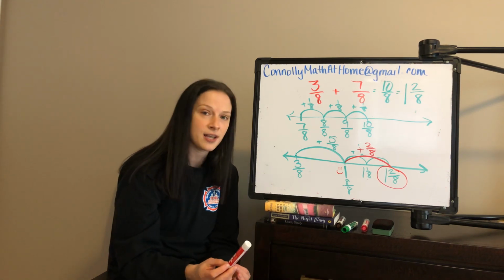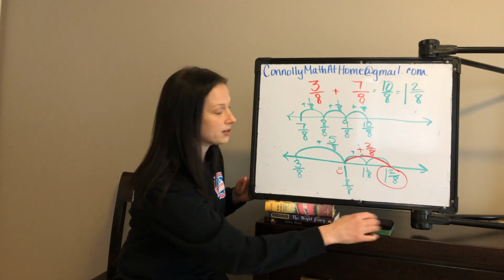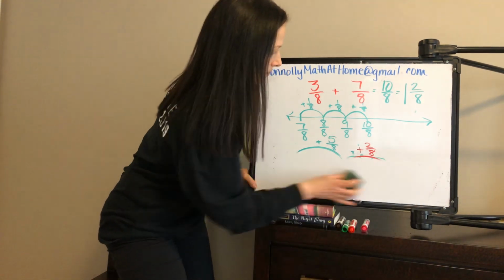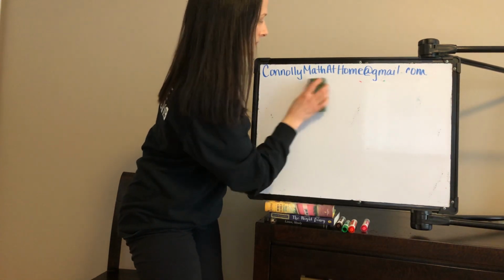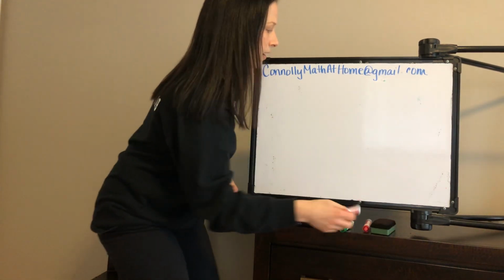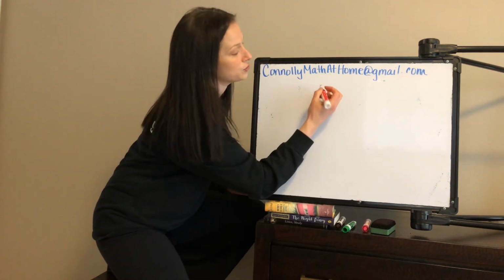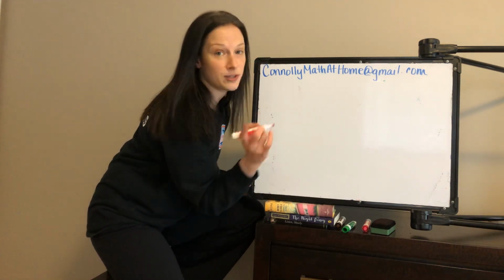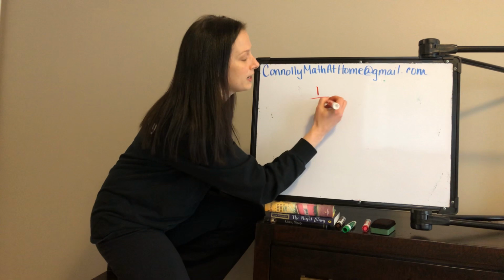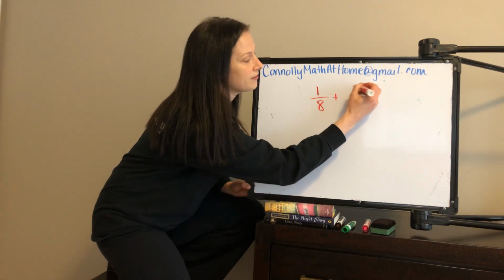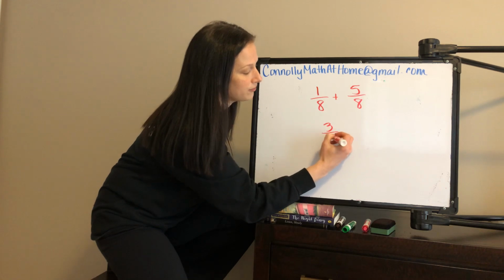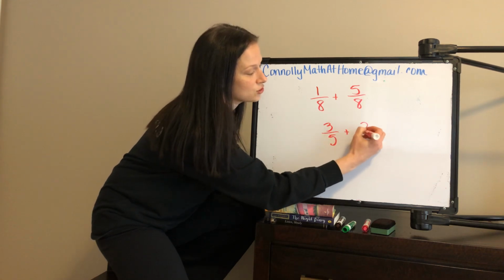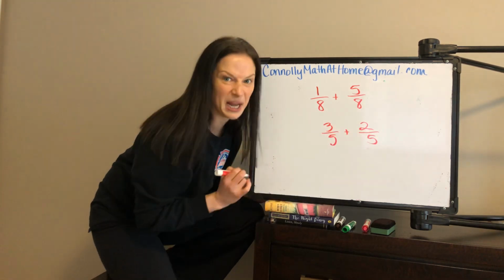Okay, so here's some that I want you to try at home by yourself. All right, so I would like for you to work on, with a representation, 1/8 plus 5/8. Then I want you to do 3/5 plus 2/5. I wonder what's going to happen there.